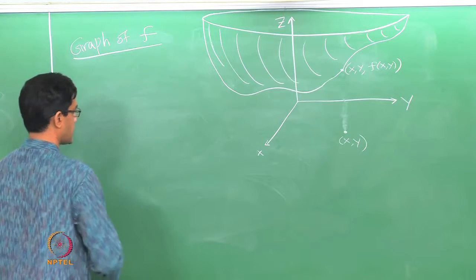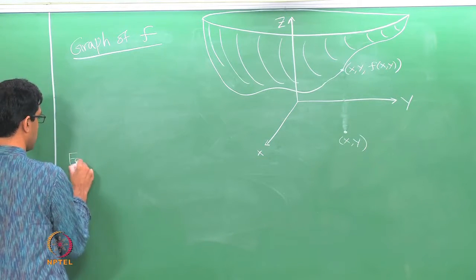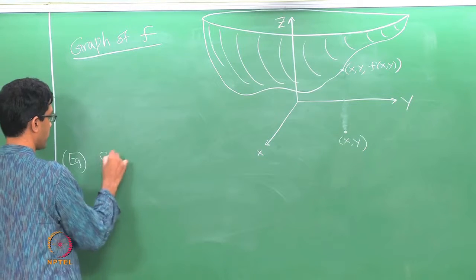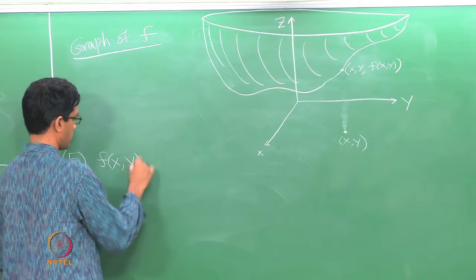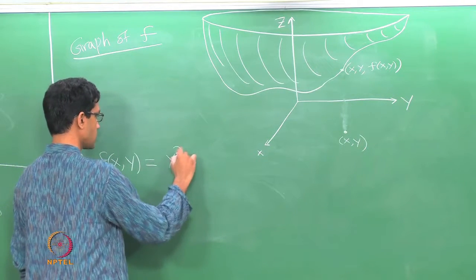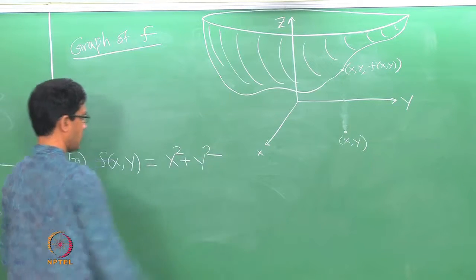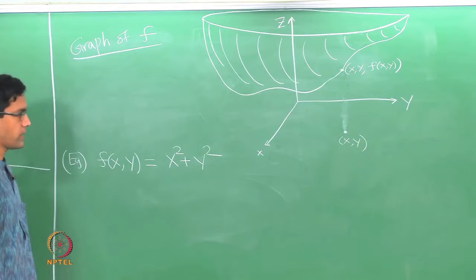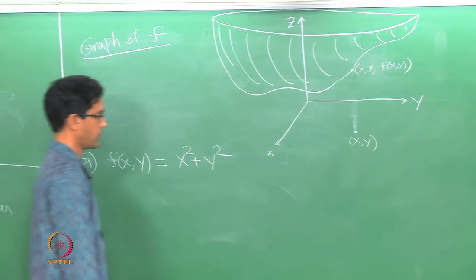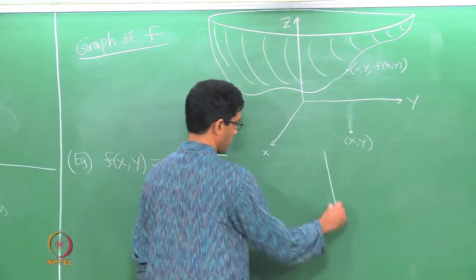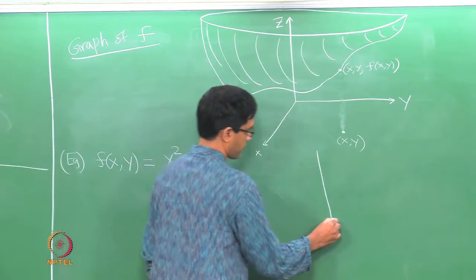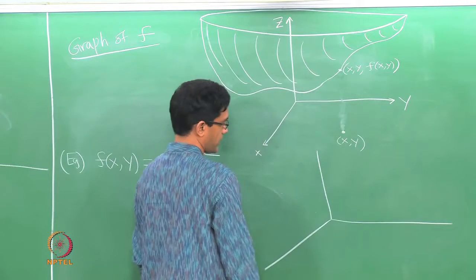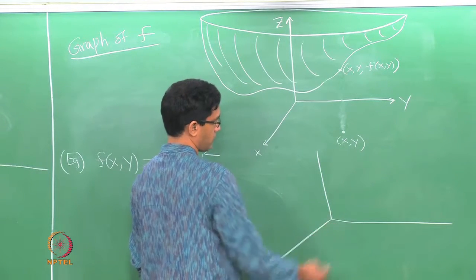So, let us see what is an example of an actual function. If I take a function f of x comma y to be the function x squared plus y squared, then if you try and draw the graph of this function, what it does is that for each value of x and y, it gives you sort of the distance squared from the origin.